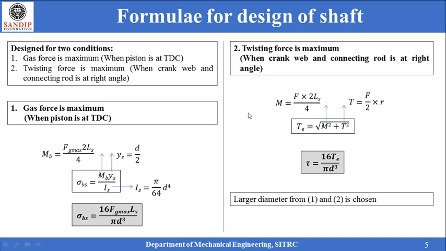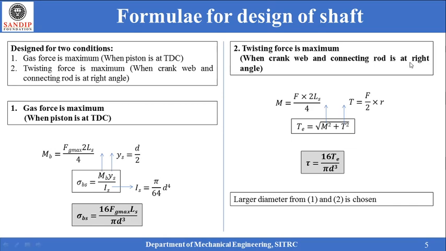By using the second condition, that is twisting force is maximum, the equivalent torque is calculated by under root M square plus T square. Since we know under these conditions the shaft will be subjected to combined torsion and moment. The moment will be given by F into Ls upon 4 and the torque will be given by F by 2 into R, where capital F stands for the connecting rod force which we have calculated in the previous step.